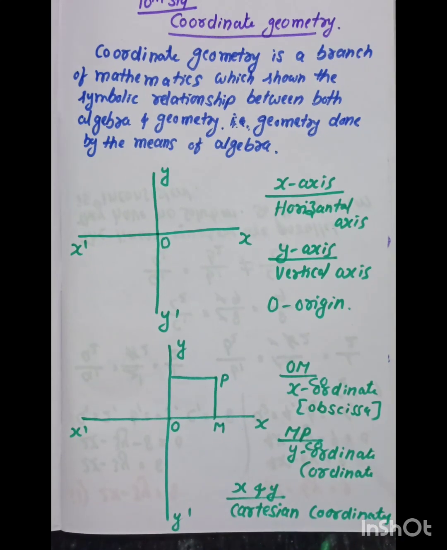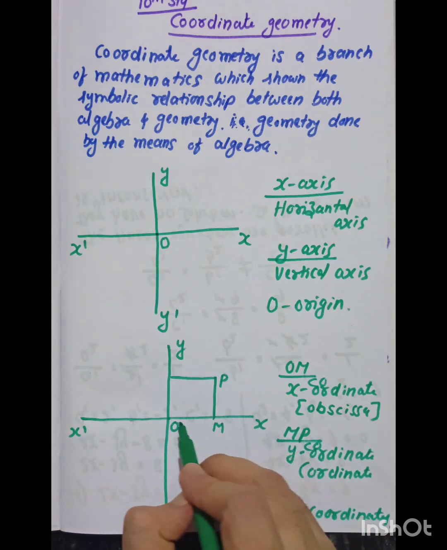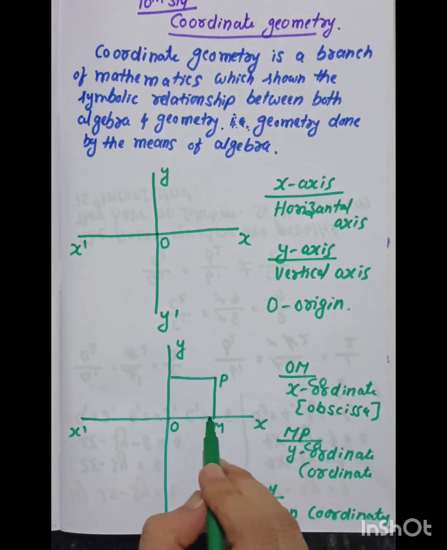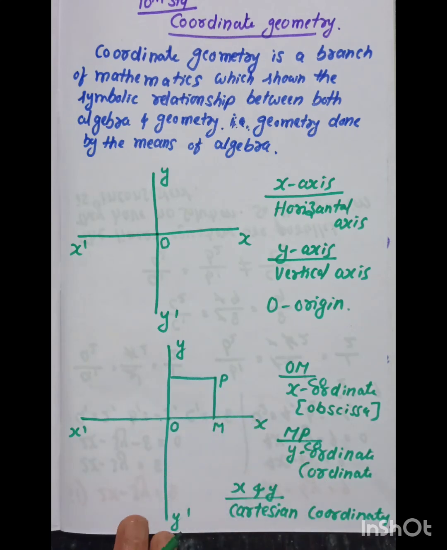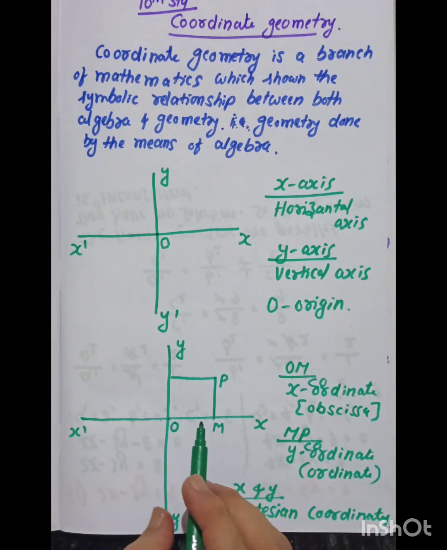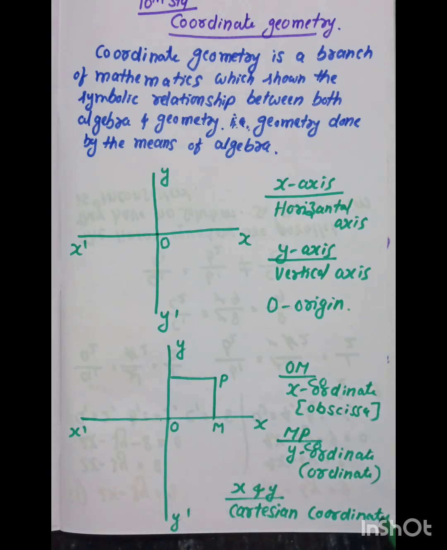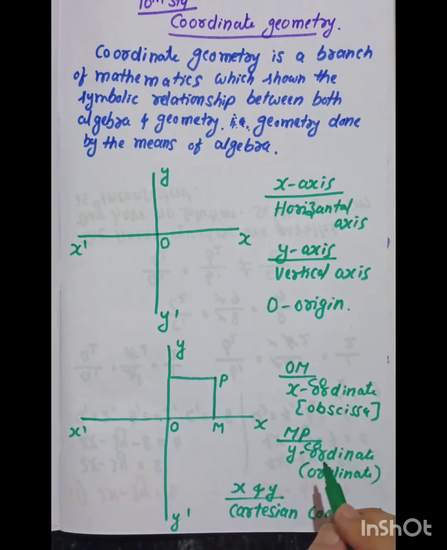When we call both x and y Cartesian coordinates, it means OM is x coordinate or abscissa, MP is y coordinate or ordinate, and x and y taken together are called Cartesian coordinates. It means this and this, both the x coordinate and y coordinate, are called by the name Cartesian coordinates.